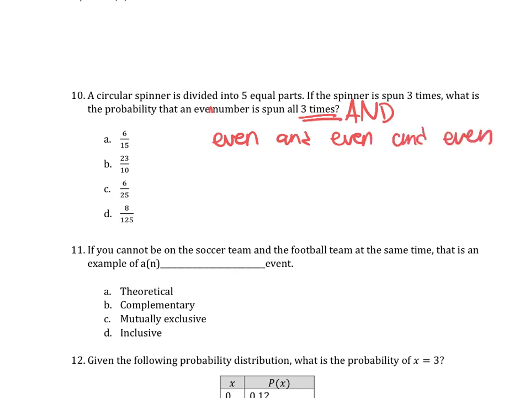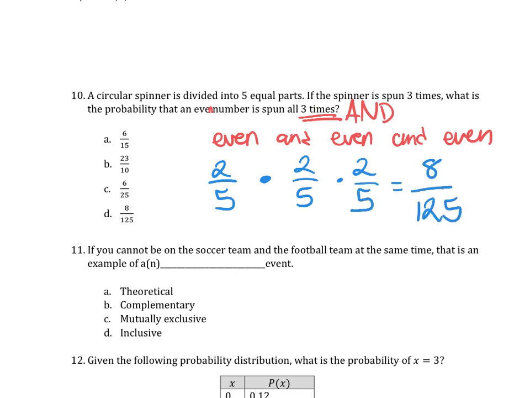So into 5 parts, that means the even numbers are going to be 2 and 4. So we'll have 2 over 5, and means times. It's a spinner, so there's no with or without replacement. You're going to have all 5 parts to choose from every time. Times 2 over 5 times 2 over 5, which would be 8 over 125, which is D.